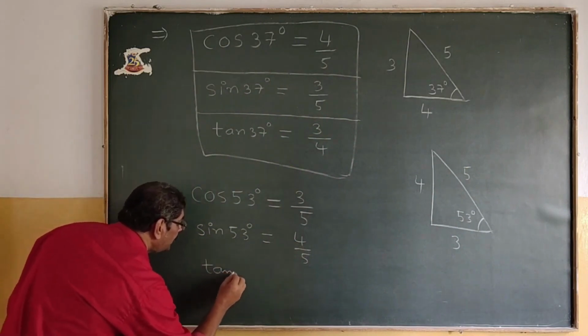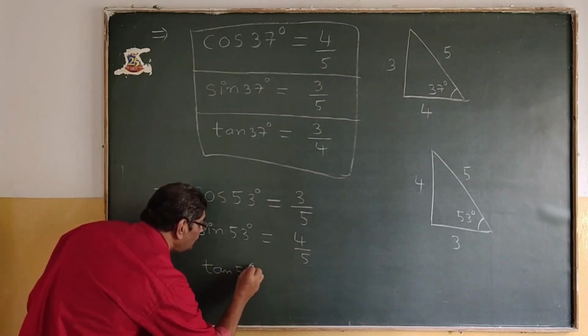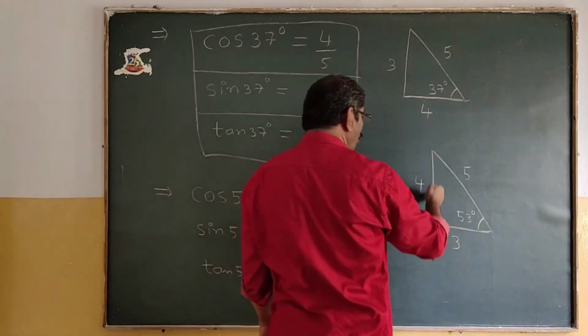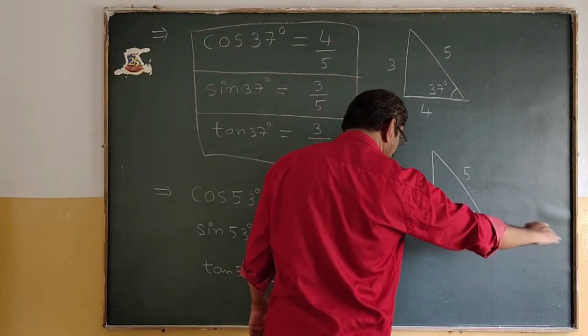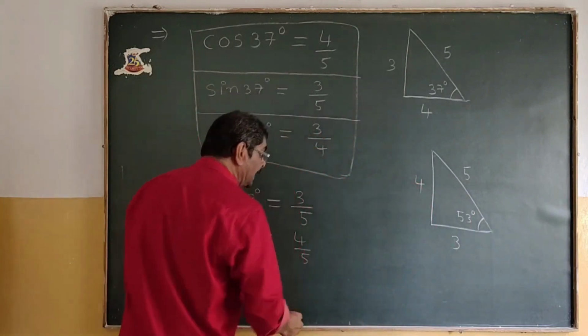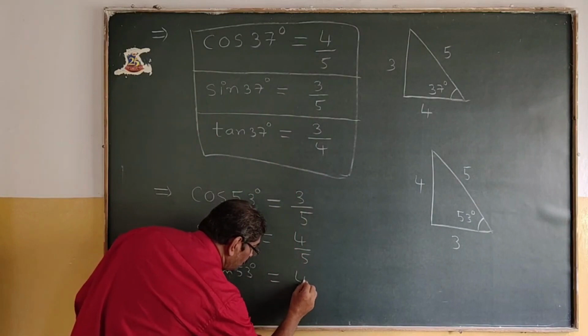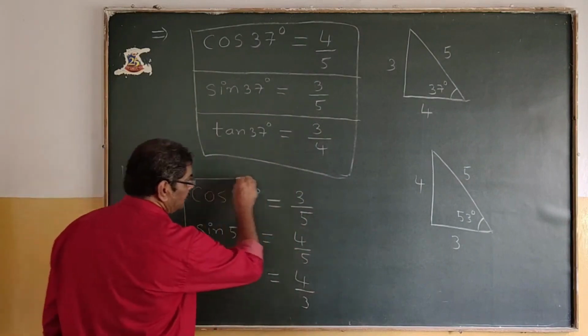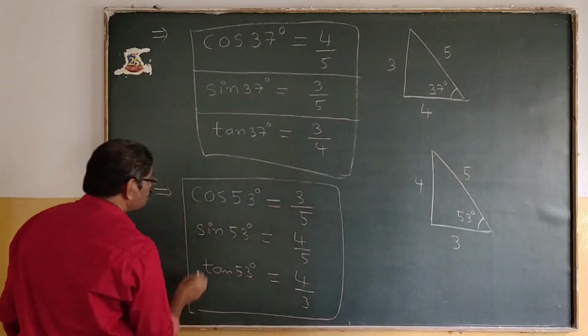And similarly, tan 53 degree will be numerically equal to opposite divided by adjacent. That will be numerically equal to 4 divided by 3.